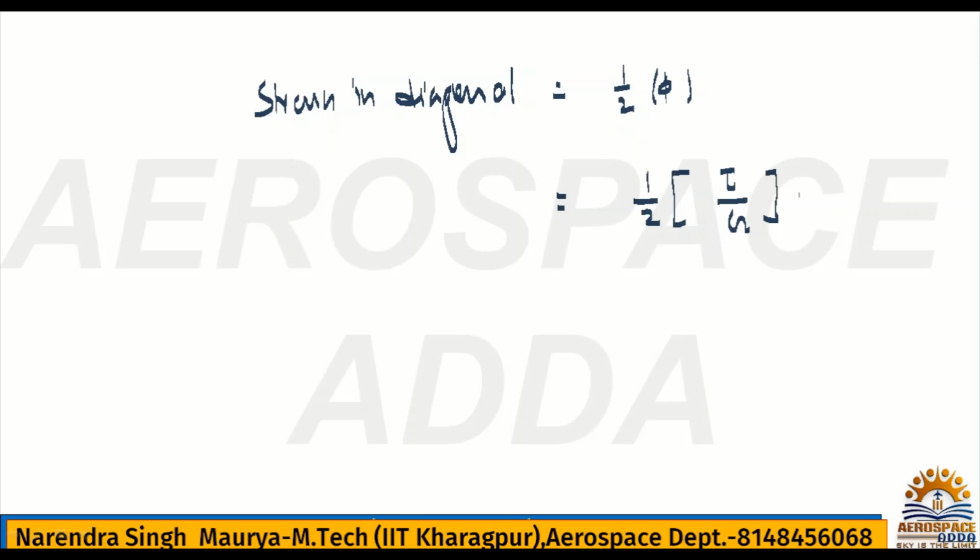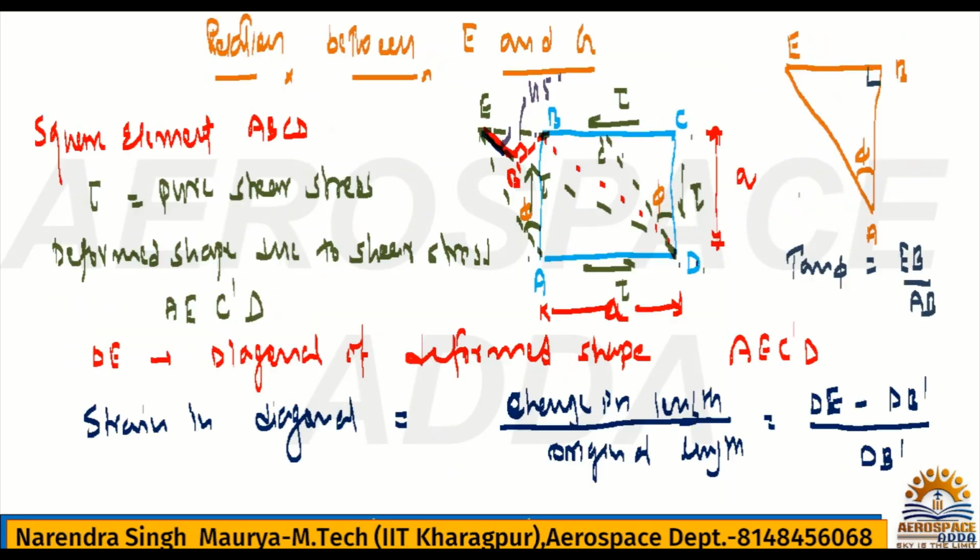Pure shear tau will also give rise to axial tensile stress. So definitely in the diagonal, I'll show you this diagonal. Actual diagonal is DB. So this diagonal DB will also have axial elongation. It depends on the load.